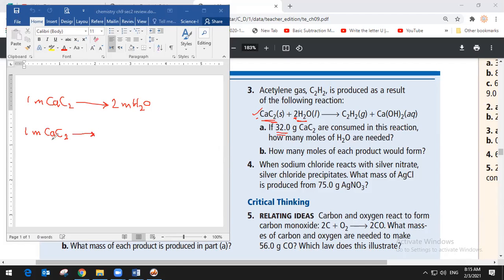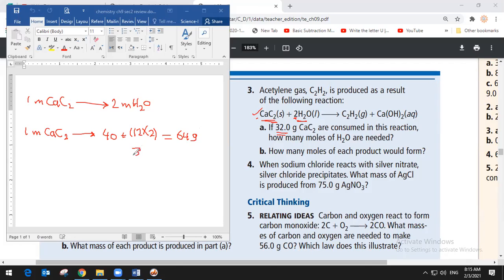The mass of calcium is 40. The mass of carbon is 12, so 12 multiplied by 2 because we have 2 carbons. So overall they equal 64 grams. So the mass of 1 mole equals 64 grams.